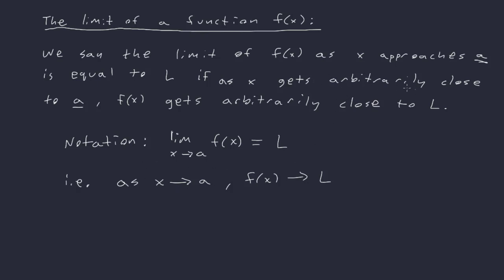Okay, so a big question here is, what do we mean by arbitrarily close? There was Bertrand Russell, who was like a philosopher back in the day. He found it very frustrating that calculus classes in his day didn't really talk about what arbitrarily close meant or what infinitesimal meant.